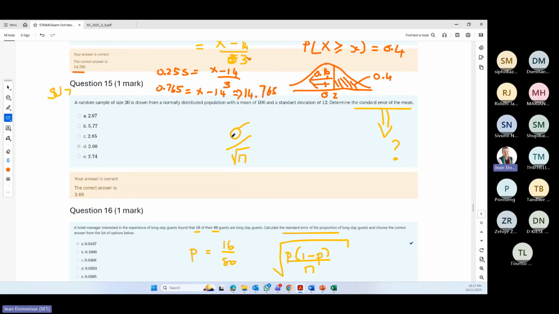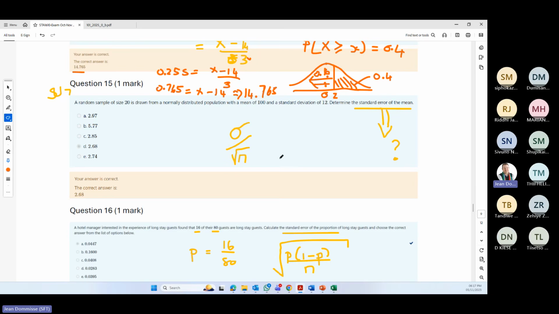Standard error is basically your standard deviation divided by the square root of your sample size. So let's see, the sample is 20. So I'm dividing by the square root of 20.